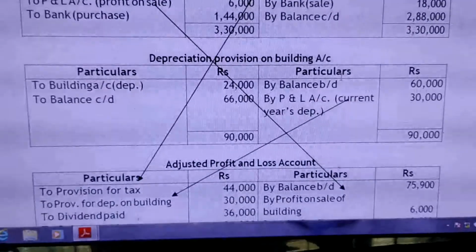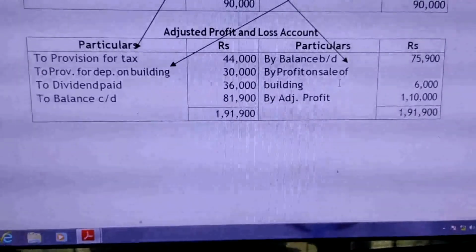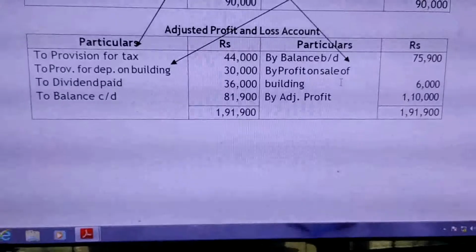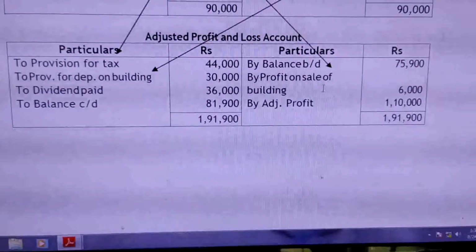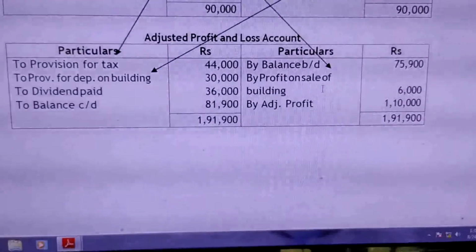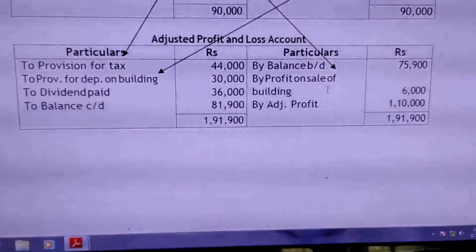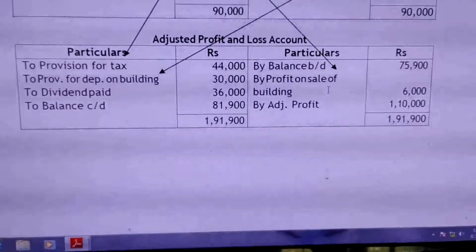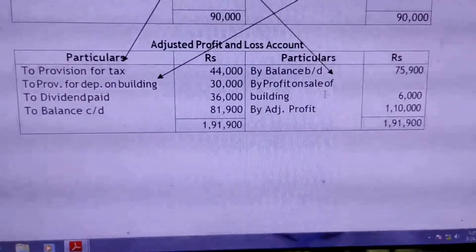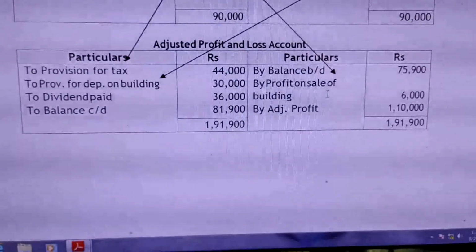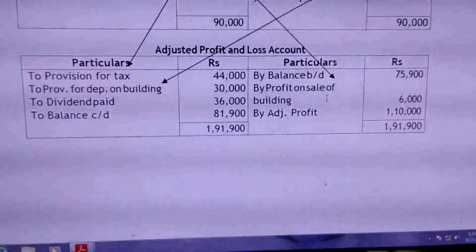Then the adjusted profit and loss account. You need to prepare, based on the above workings, the adjusted profit and loss account. So for that, the opening balance of profit and loss account will be on the debit side, and closing balance 75,900, and provision for tax 44,000, which is given from the workings, and provision for depreciation on building 30,000, which is taken from the workings, and dividend paid 36,000, which is taken from the profit and loss account, and you have adjusted profit 1,10,000 rupees.